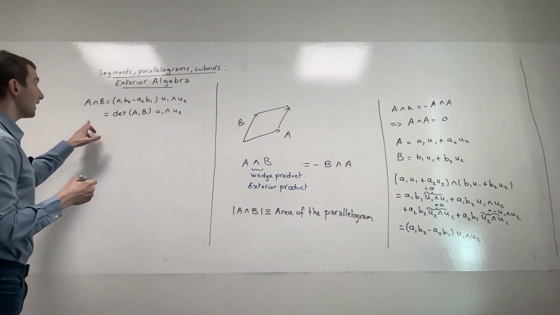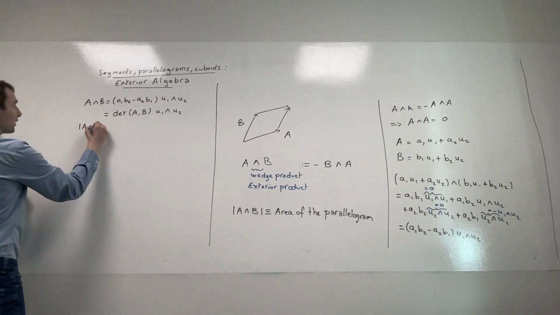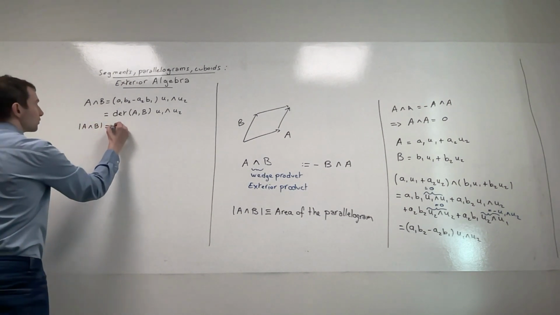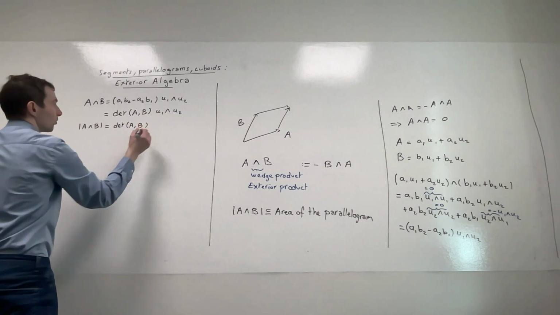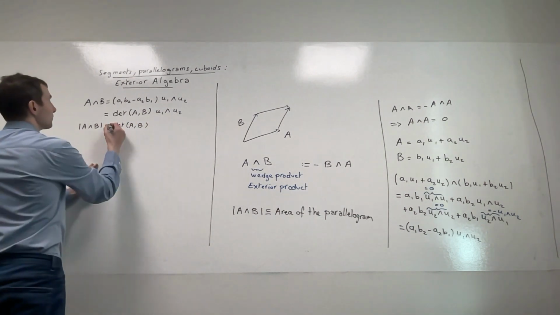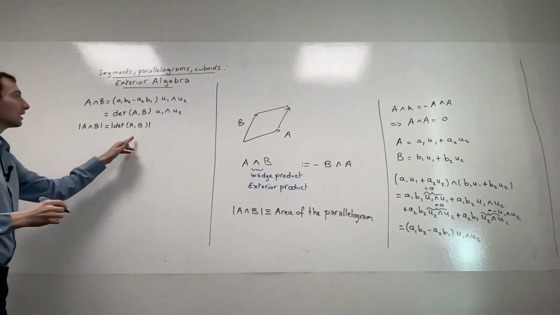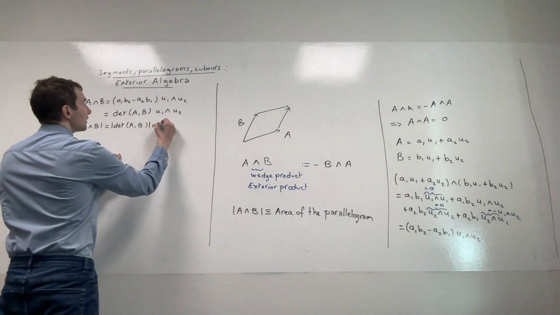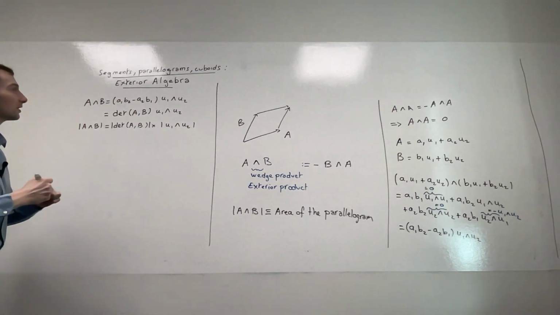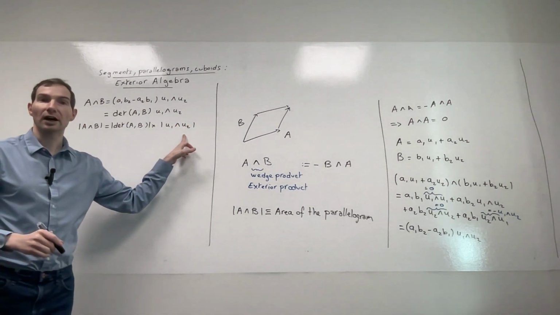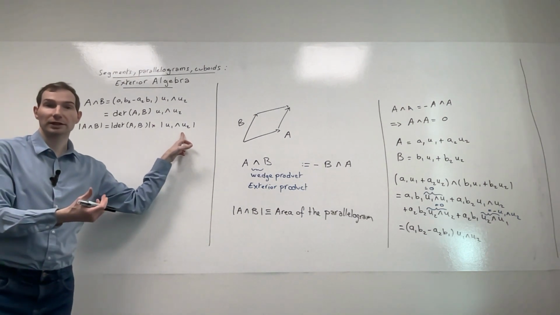And then the magnitude of A wedge B is equal to the determinant of AB, or the absolute value, because the determinant may be negative, you never know, times the magnitude of U1 U2, the elementary parallelogram you're looking at.